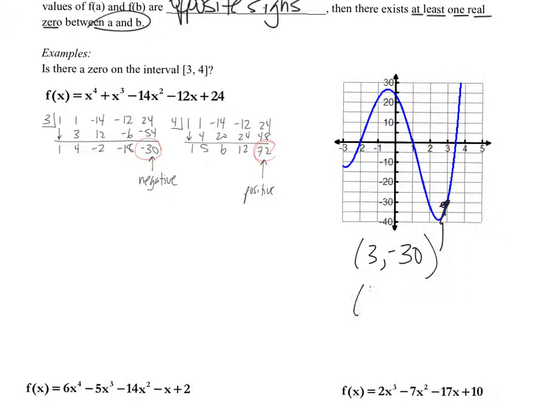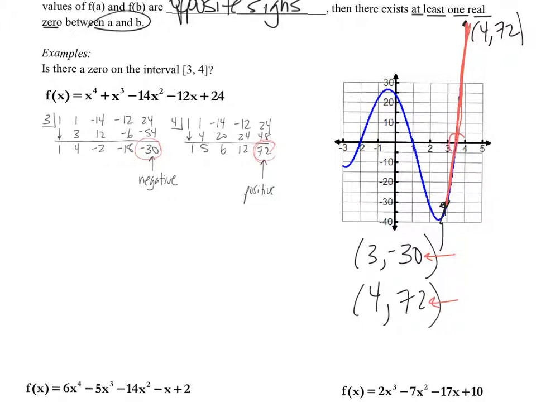And what happened when I plugged in 4? When I plug in 4, it's way off the graph. It's actually way up here at like 72, way off the graph. And what this is telling us is that the fact that the negative 30 is negative and the 72 is positive, that means when I connect these two, don't I have to go through 0, you guys? Didn't I find a 0 in between 3 and 4 just by connecting them?